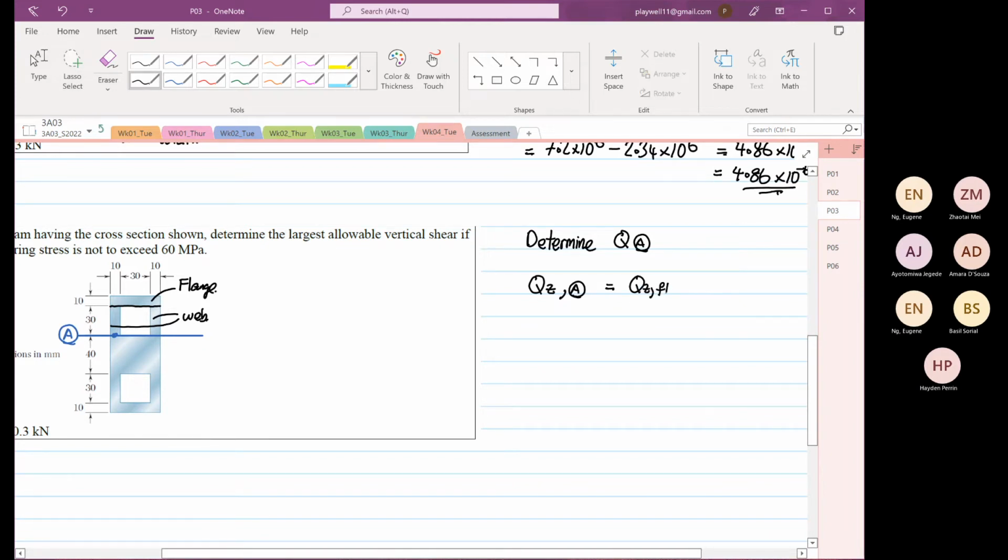Then from here, we're going to do the QZ of flange plus the QZ of the web. Right, so you see the flange and the web. The width for the flange is 50, the depth is 10, and the centroid, we know that over here, this is our centroid.